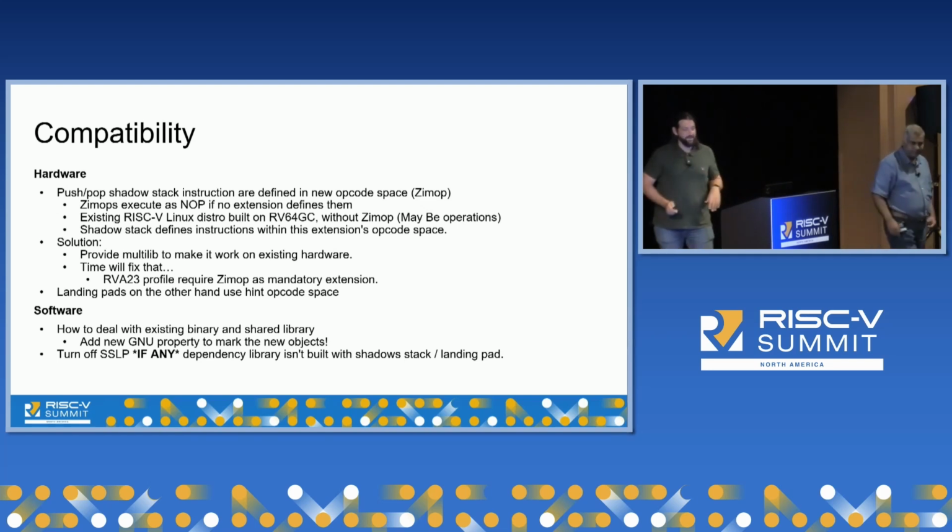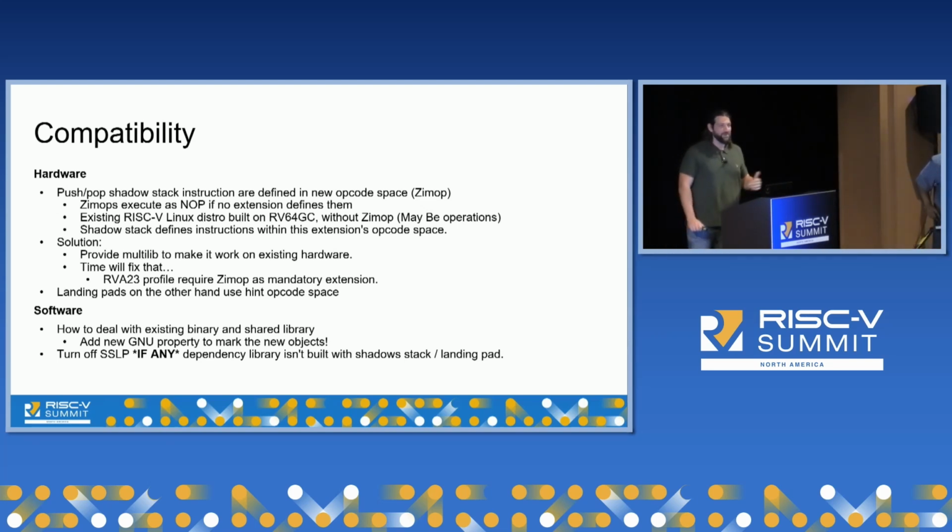Thank you, Ved. Of course, a lot of work has to be done for the toolchains in order to support the new instructions and the new capabilities we offer. Regarding compatibility in hardware, the push and pop shadow stack instructions, as we said, are defined in the new opcode space in MOPs.